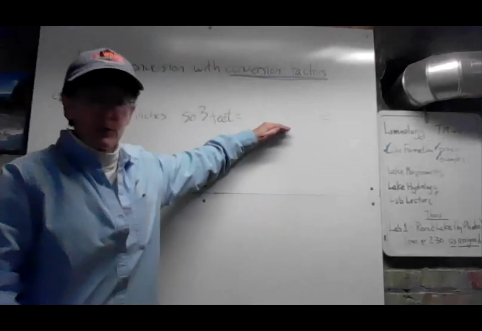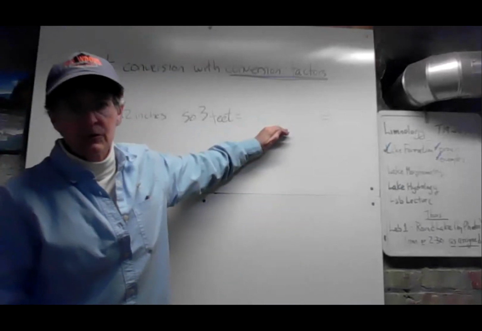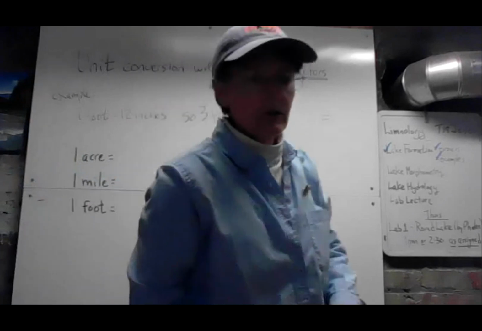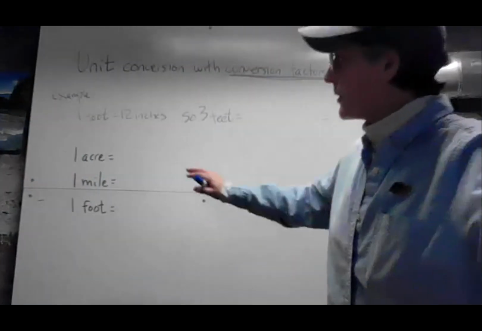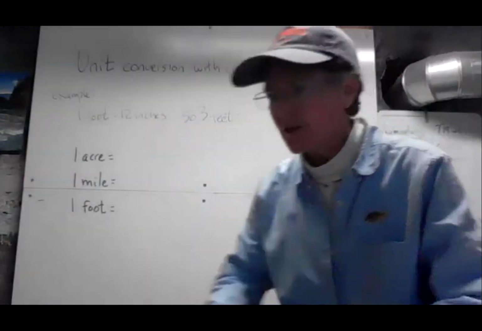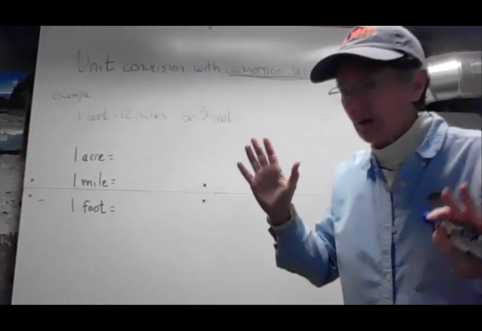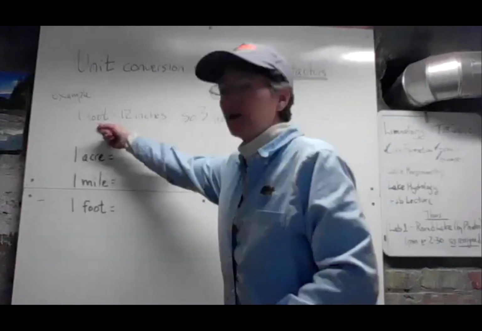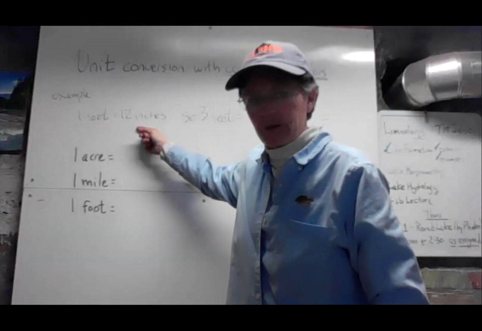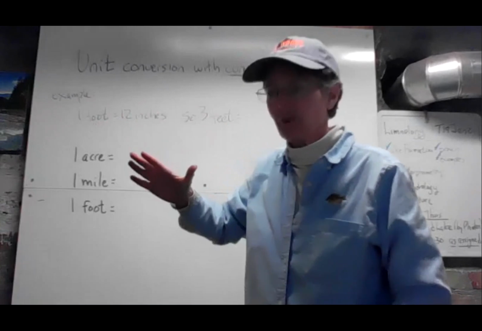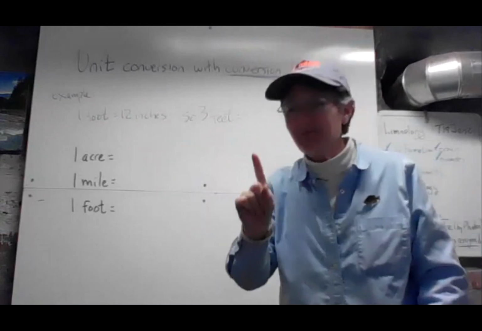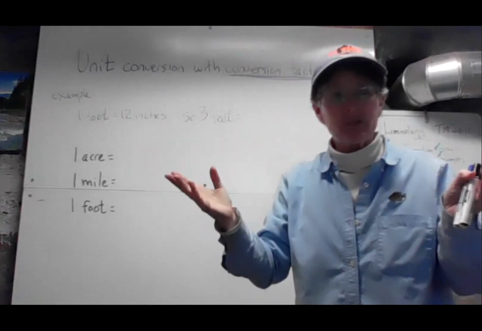So here's the deal. A conversion factor is what you multiply by to convert the units. Let's say we're trying to convert between feet and inches, just to start with something that you totally understand. One foot is equal to 12 inches.